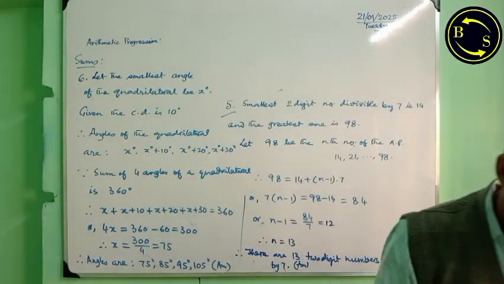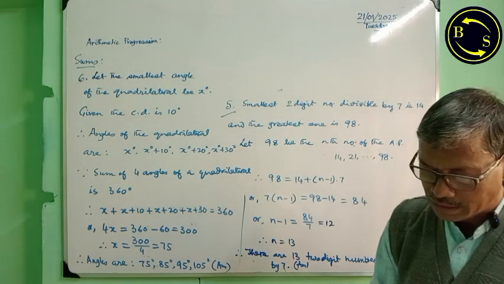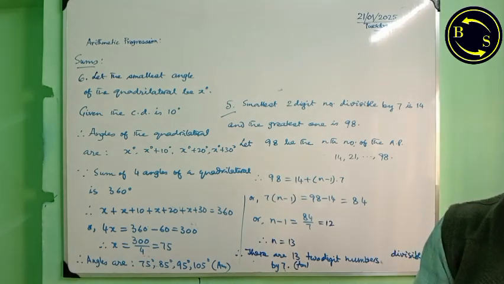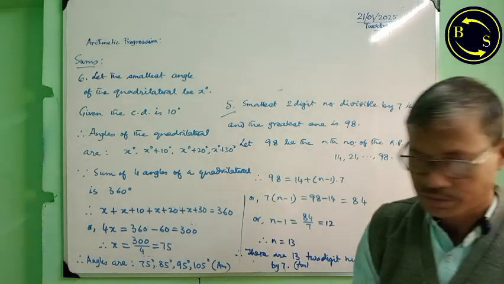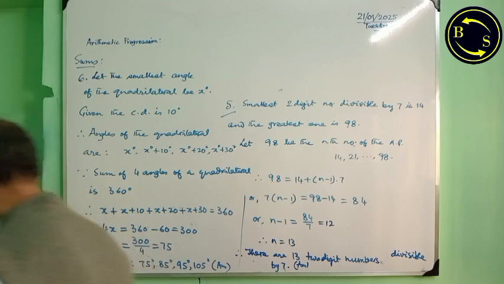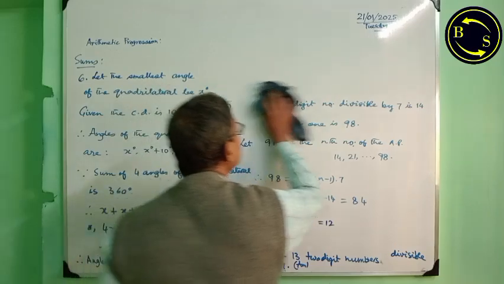Next sum. The sum of 3 consecutive terms of an AP is 21, and sum of squares of these numbers is 165. Find the numbers.